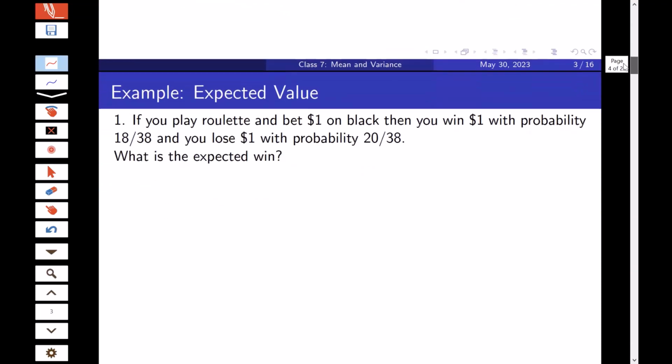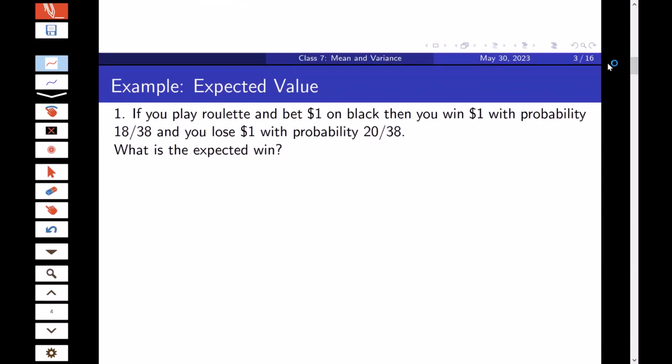Let's do a quick example to understand this formula. If you play roulette and bet $1 on black, you will win $1 with probability 18/38, and you will lose $1 with probability 20/38.